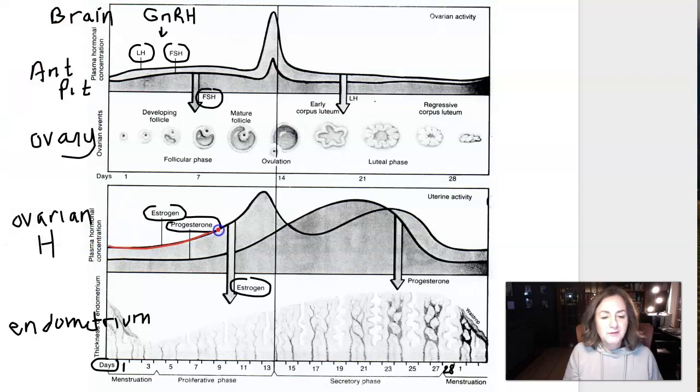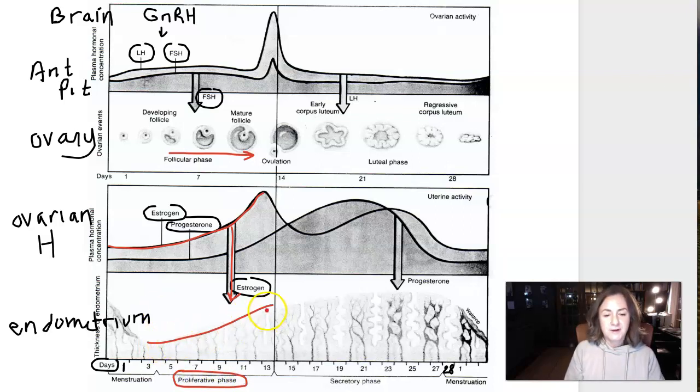That's because estrogen is being secreted by the granulosa cells. As you have a follicle getting bigger and bigger, and you get more and more granulosa cells, the amount of estrogen gets very high. And that estrogen causes the endometrium to proliferate. It gets thicker and thicker. So this is known as the proliferative phase of the endometrium.